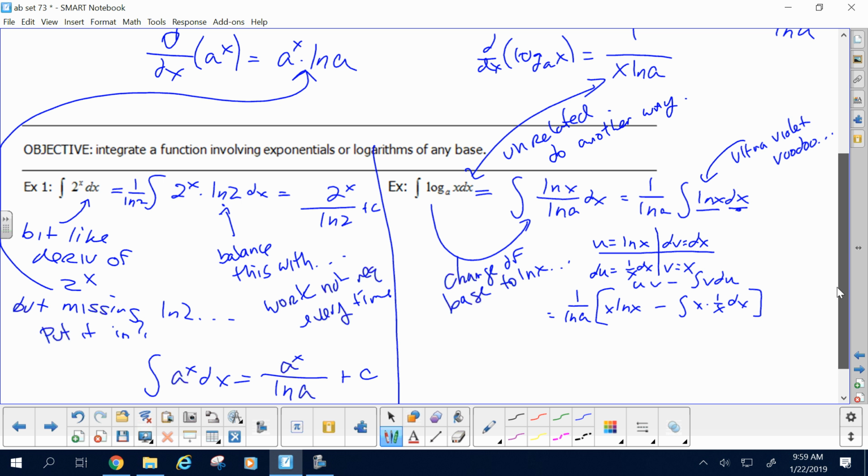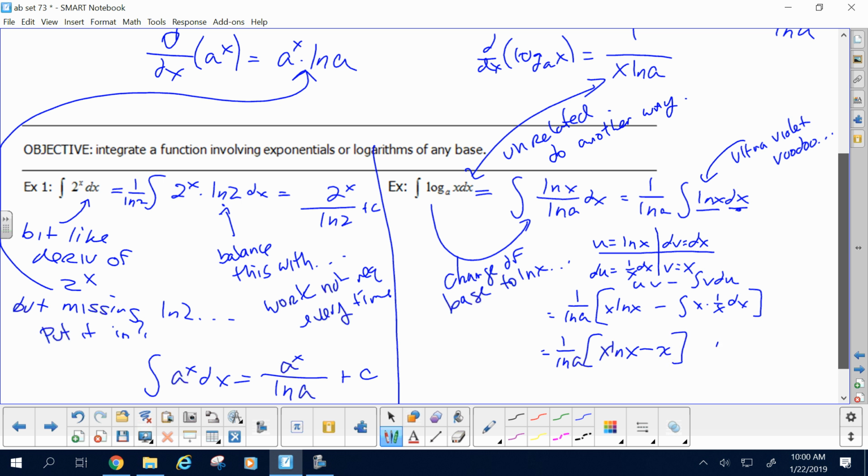Check? Now the key marker for success in ultraviolet Voodoo is the new integral easy. If it is, then you did it well. If it's not, then you did it poorly. That is definitely easier, so we are in good shape. X natural log of x minus, what's the antiderivative of 1 with respect to x?